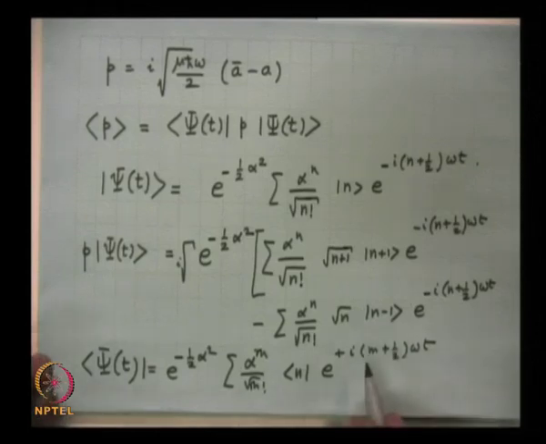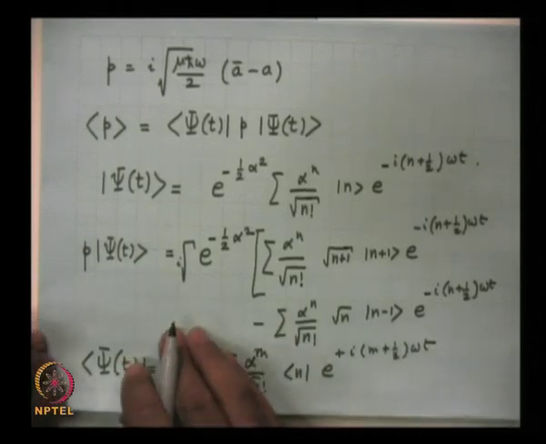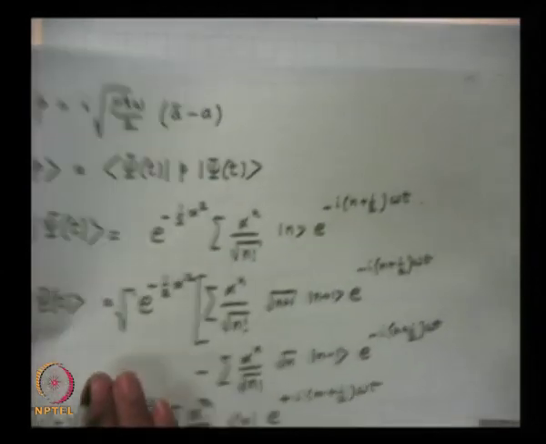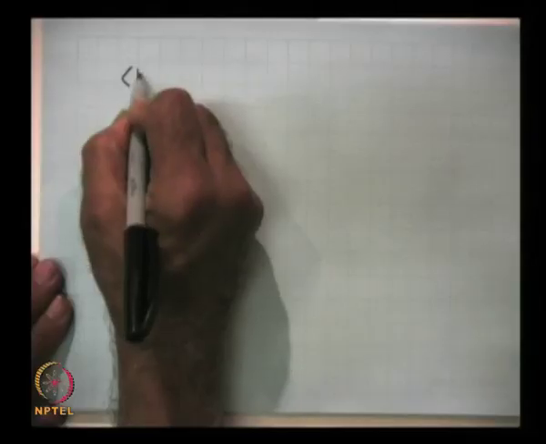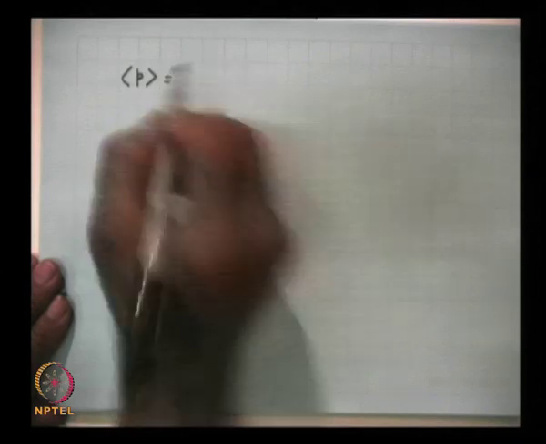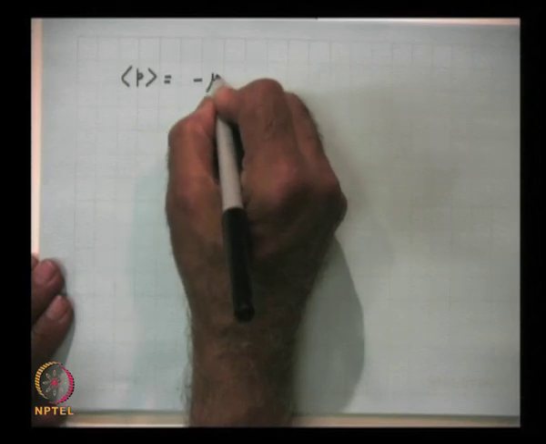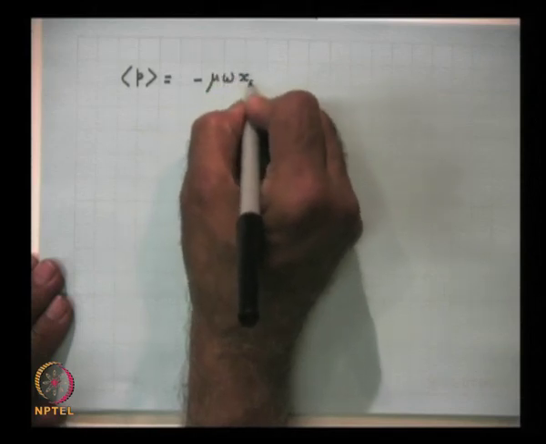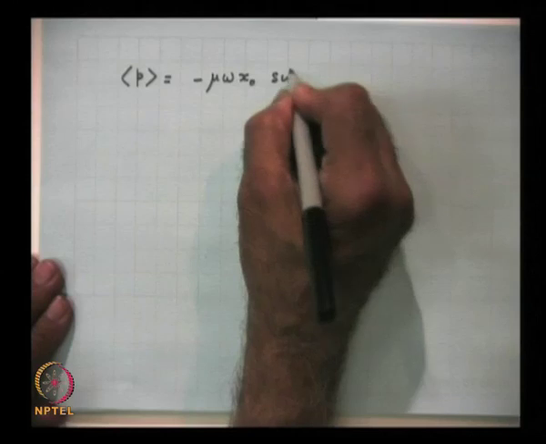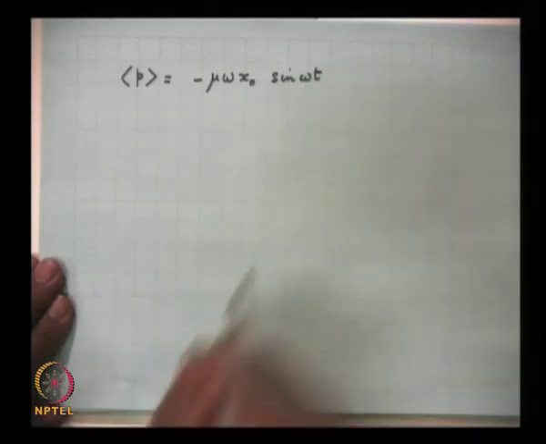I multiply it and redo the same kind of analysis, exactly similar to what we had done for the expectation value of x. I leave it as an exercise for you to show that the expectation value of p will come out to be minus mu omega x naught sin omega t.